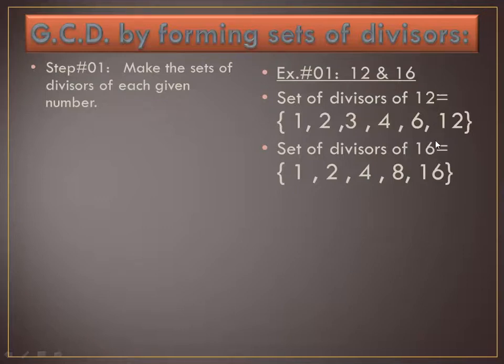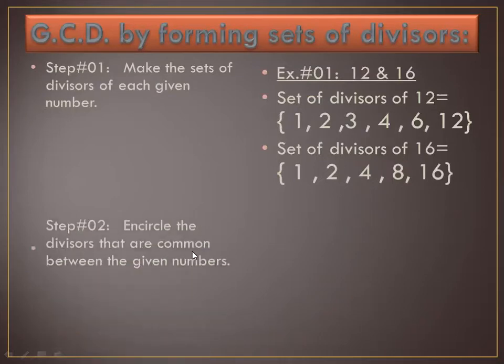So the given number 16 can be divided by these five numbers and nothing else; no other number can divide 16. Like take an example of 3: you cannot divide 16 by 3.